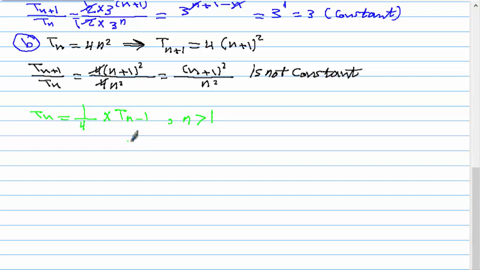So we can check this: Tn divide Tn minus 1 equals 1 over 4.